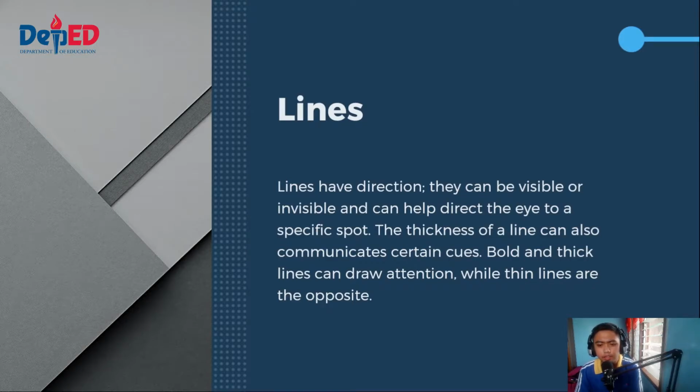The thickness of a line can also communicate certain cues. Bold and thick lines can draw attention, while thin lines are the opposite. In architecture and engineering, let's say you use a technical pen that is too thick, so it will produce a thick line, it will have a different meaning for the foreman or for the engineer that is handling the project.